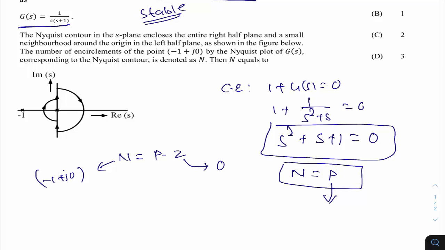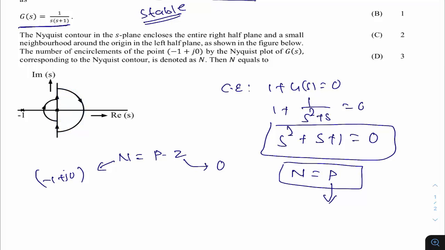For example, if I take the contour this way, without including the origin, then P is nothing but the poles of G(s)H(s) in the right half S plane. That might be true because you have not included the origin, but in this case it is included.